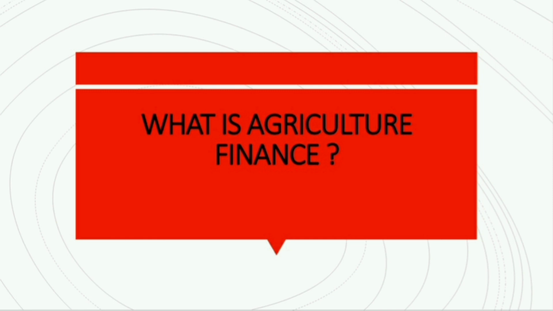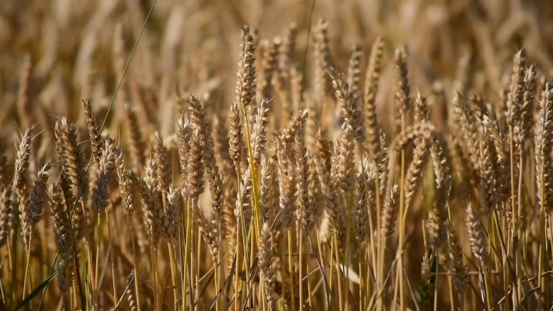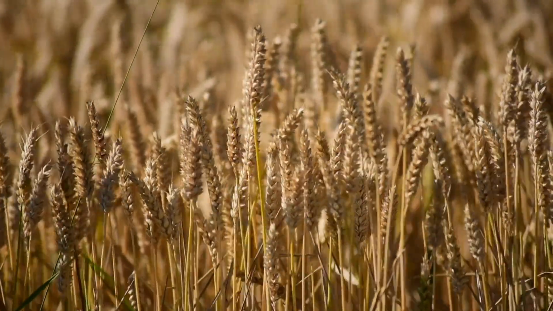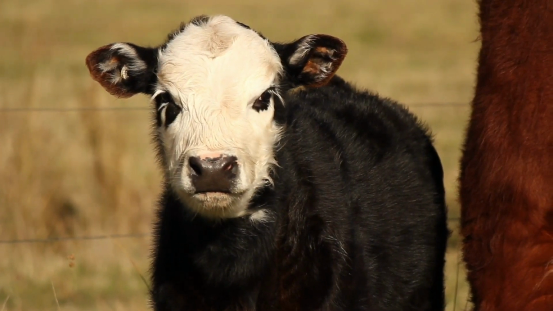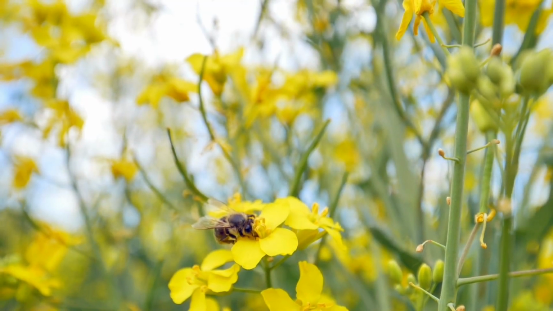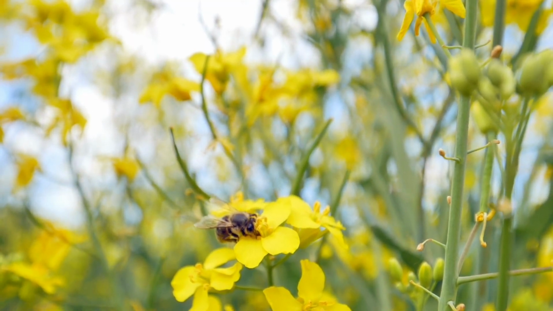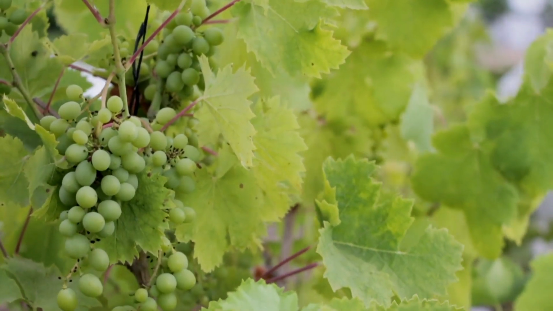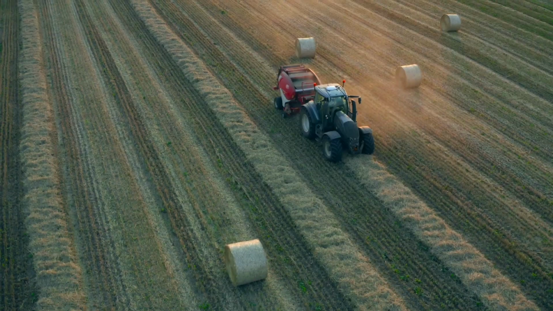What is agriculture finance? The term agriculture finance is defined as an economic study of borrowing funds by farmers, the organization and operation of farm lending agencies, and of society's interests in credit for agriculture.